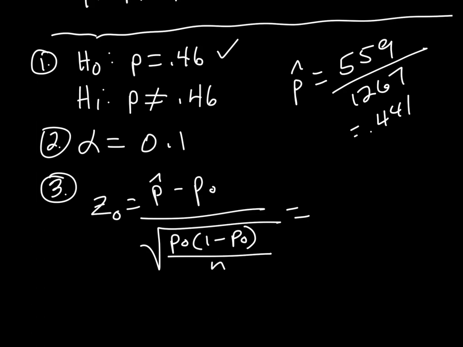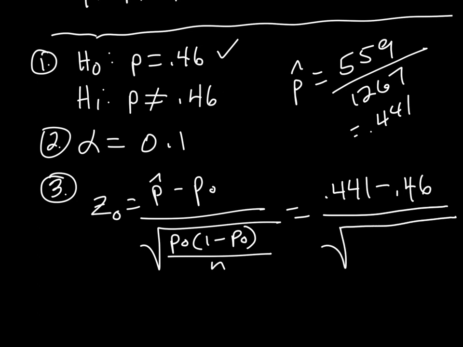So now substituting into our formula gives us 0.441 minus p naught, which is 0.46, over the square root of p naught, 0.46, times 1 minus p naught, 1 minus 0.46, all over n, which is 1,267.